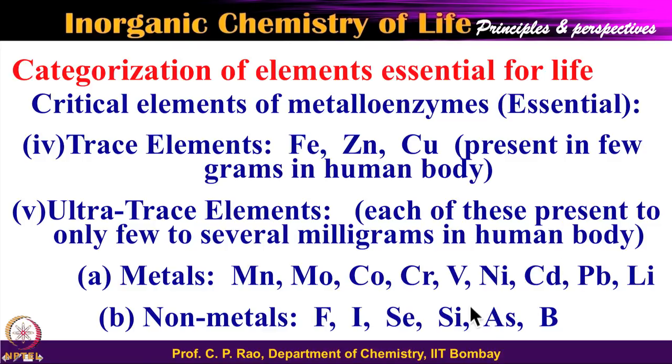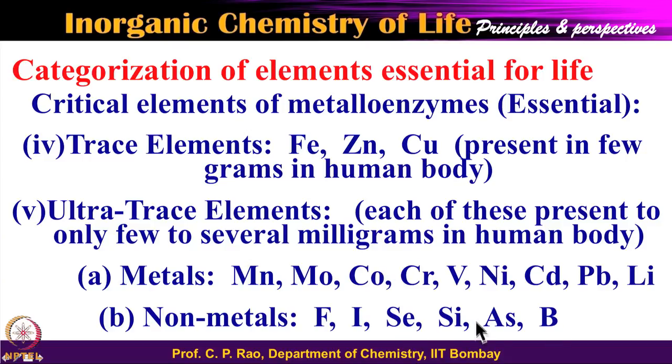I will tell you about silicon. Obviously a very small amount of silicon is required, very trace, ultra trace amounts, but it is not found in any of the enzymes yet. The arsenic, very small amounts of arsenic are required, but it is not found in any of the enzymes, but still they are required at very small concentrations.